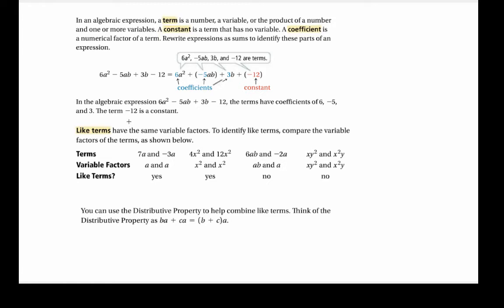The coefficients of the variable terms are 6, negative 5, and 3. Again, the numbers in front of the variables. Sometimes we call them the big numbers. And then we have one term that doesn't have a variable in it, negative 12, so we call that a constant term. It's called a constant because if it doesn't have a variable attached, the value of that term is always going to be negative 12, or it's going to constantly be negative 12, hence the term constant.